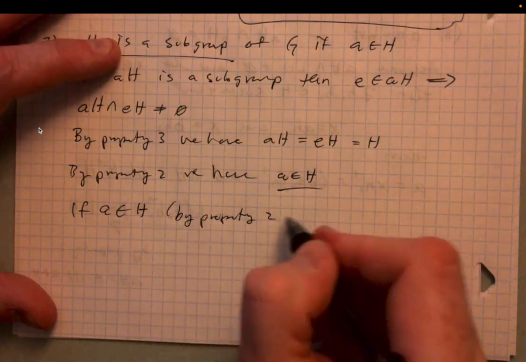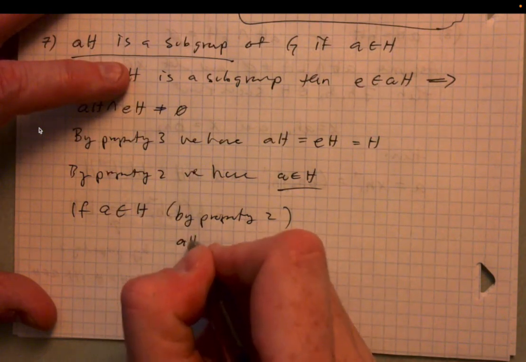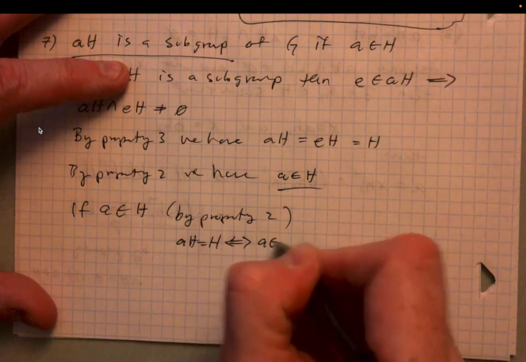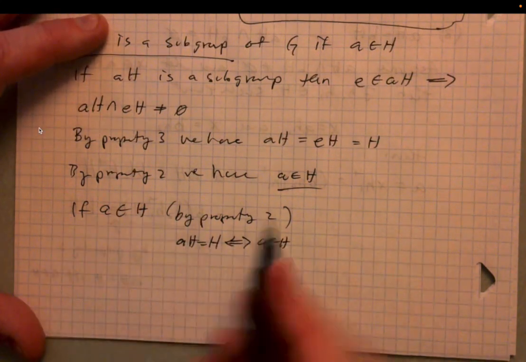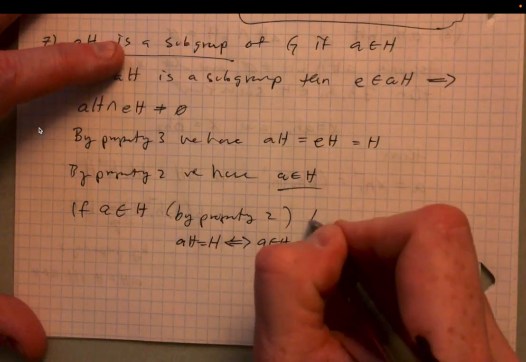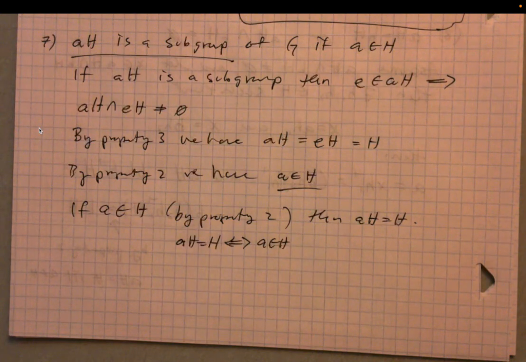All right, remember what property 2 says? I keep using it and make sure we know. AH equals H if and only if A is in H. Well, if A is in H, then obviously AH equals H.